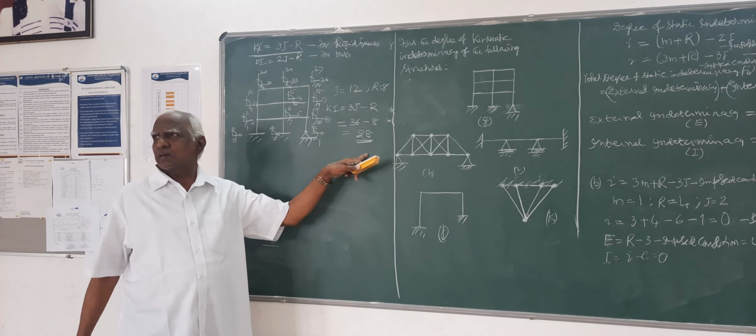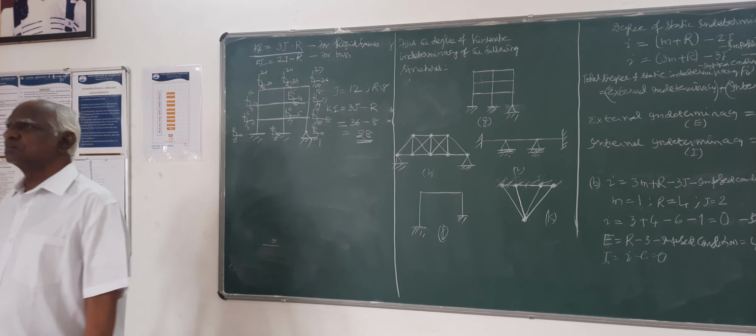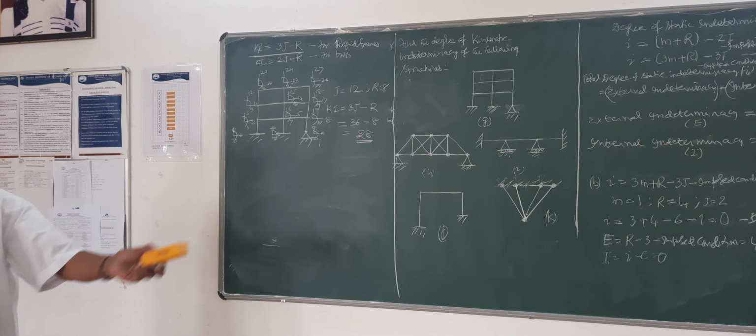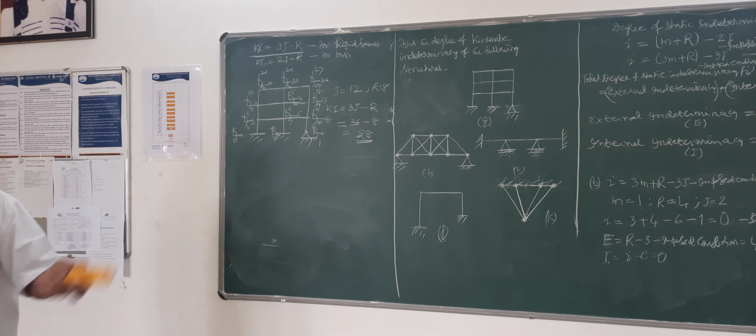So kinematic indeterminacy is 28. You have to use the formula and you have arrived at kinematic indeterminacy. And in this structure, at each joint I have marked what are the possible displacements you are determining.